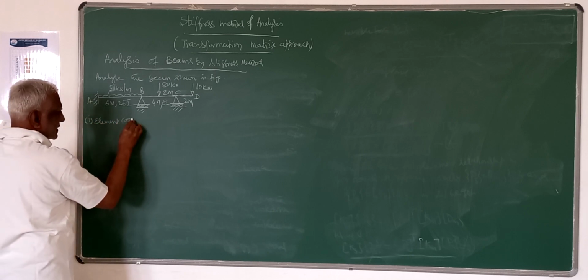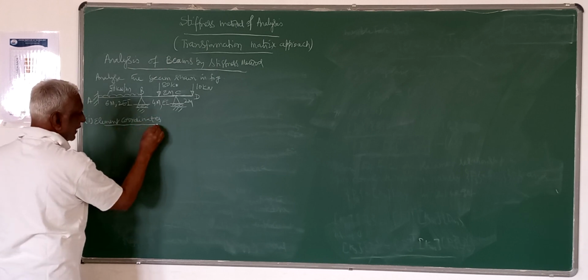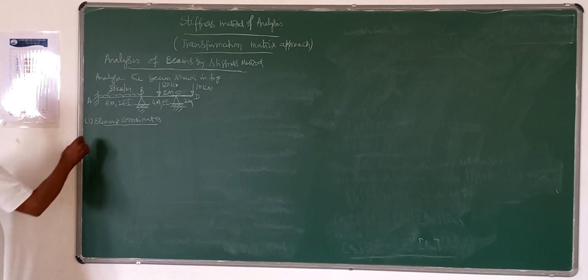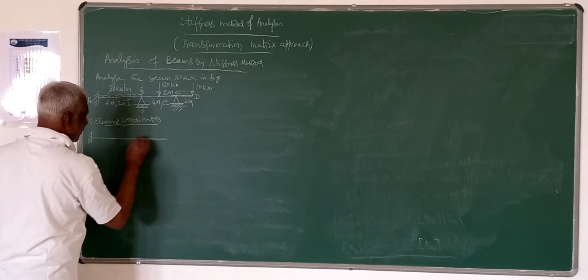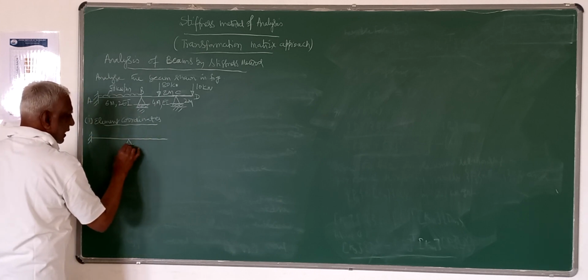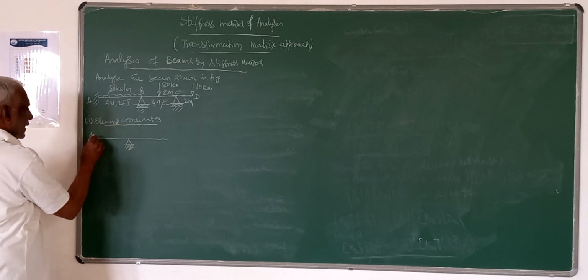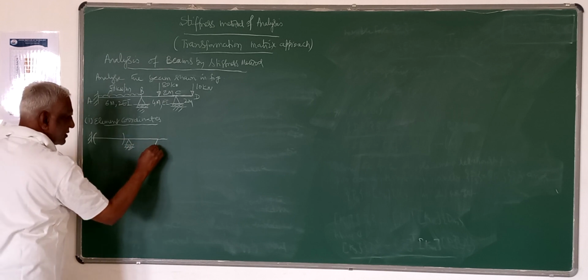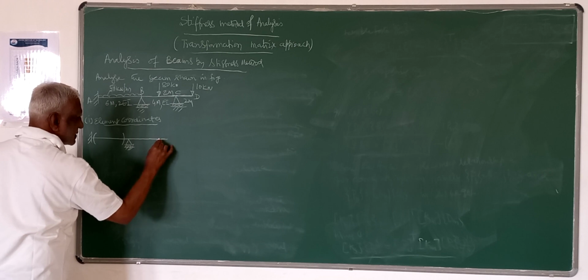Element coordinates. So it is similar to the flexibility method. We have to define a set of element coordinates. Element coordinates indicate the positive direction of the internal forces which we have to determine at the ends of the members. The element coordinates are nothing but the direction of the internal member forces which we have to evaluate during analysis.